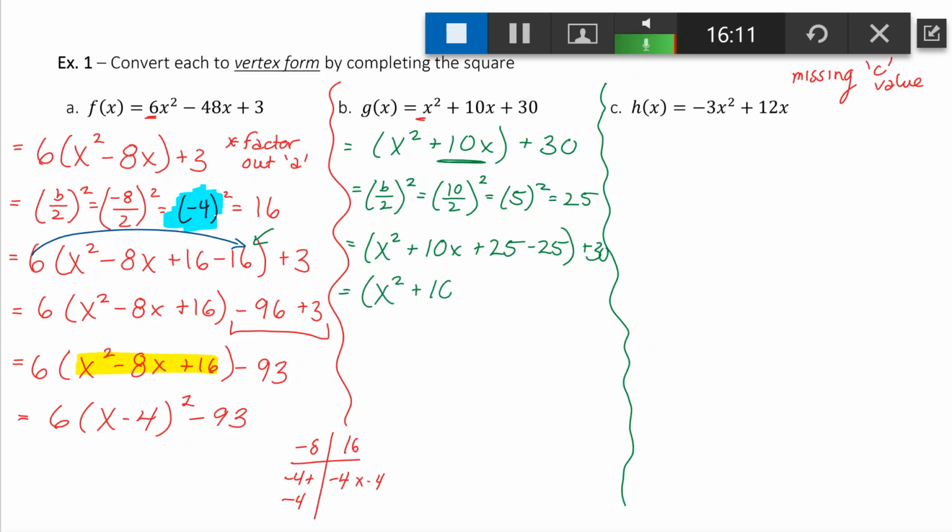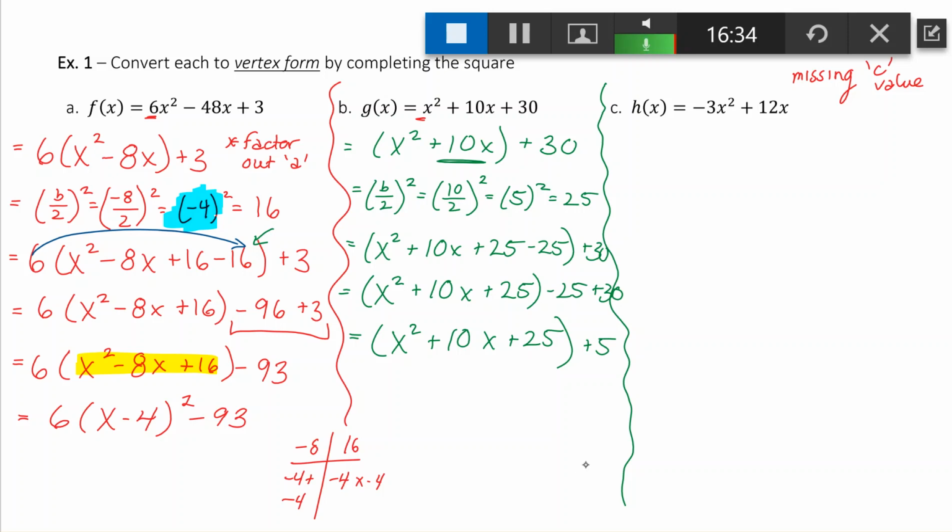So essentially you can just remove that negative 25 outside your brackets. Here you would like to collect those terms, which would be negative 25 plus 30 is positive 5. And then we're left to factor that perfect square inside of the brackets.